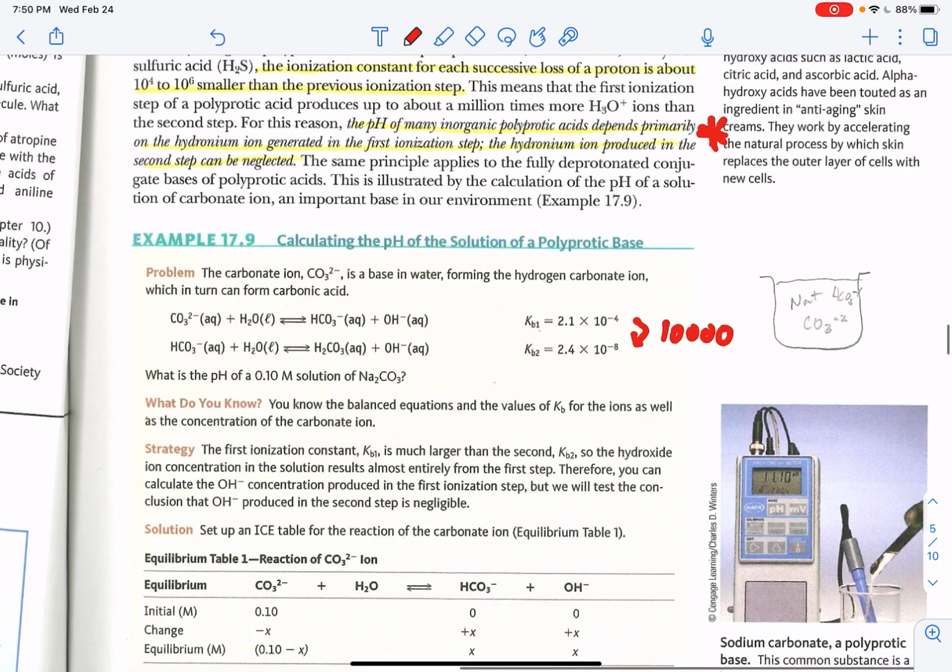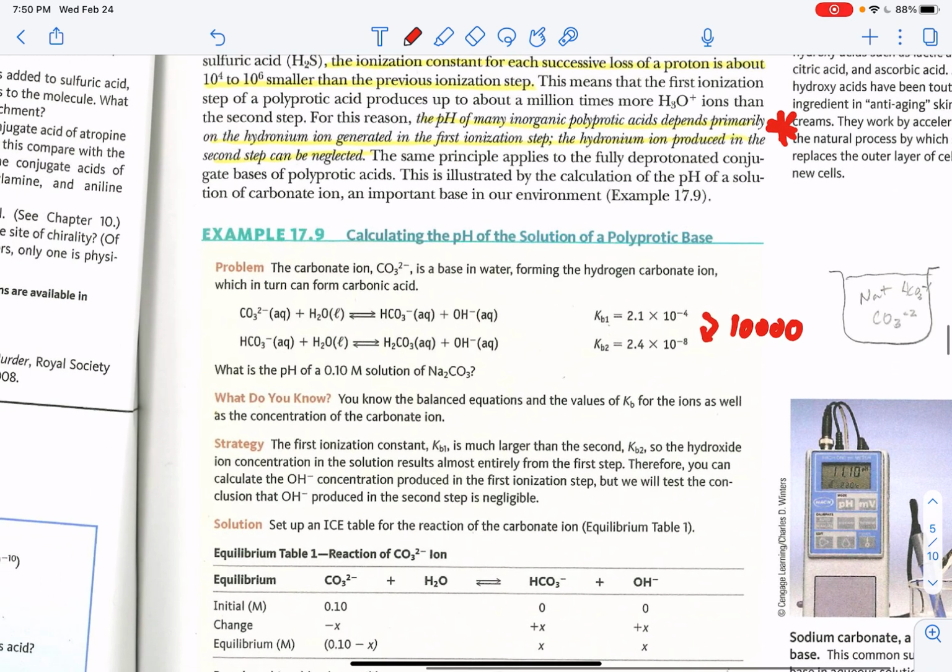And here you have this amazing drawing over here. Must have been an artist that did this drawing, showing you playing the game of what's in the beaker. In your beaker will be your spectator ion right there, and then you're going to have different anions in the beaker as it dissolves.